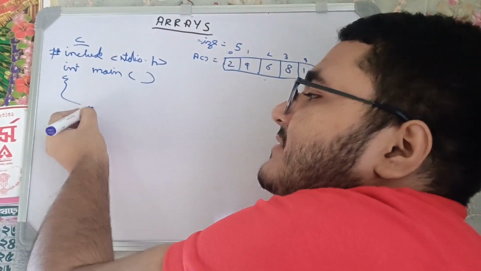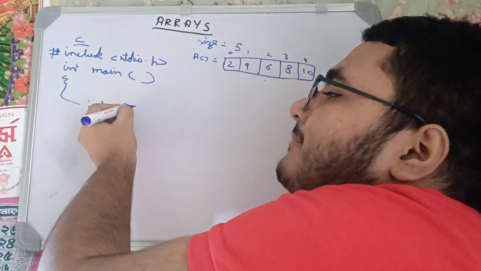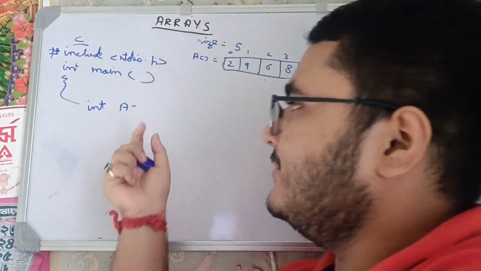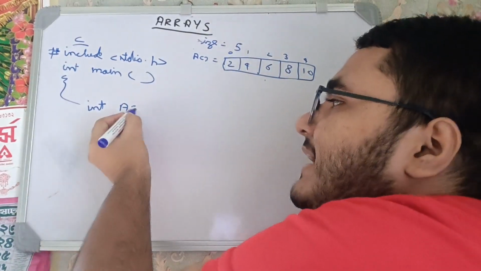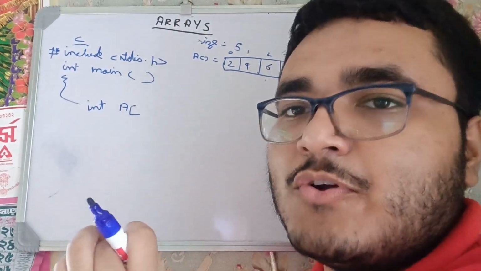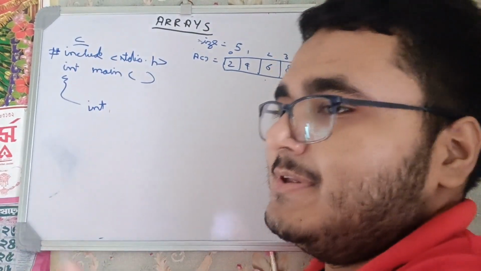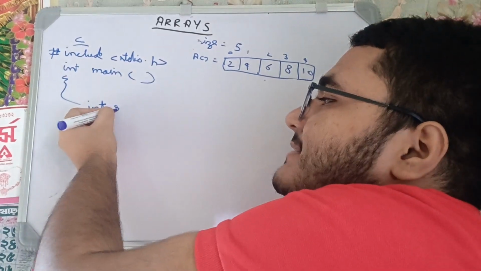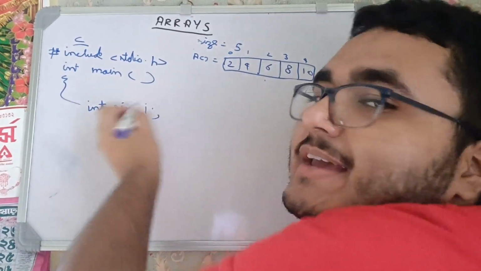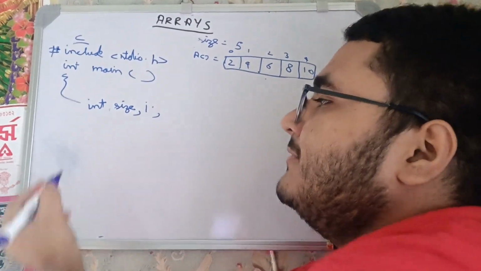So int, first of all, take the name of the array. Now here you need to look over. See, here we cannot write directly. I need to accept size also from the user, right? So do not declare the array here. Declare size, take i, because we are going to need i. Okay, then what to write?